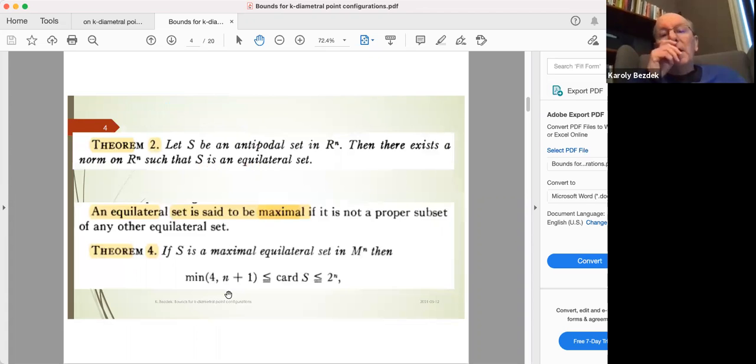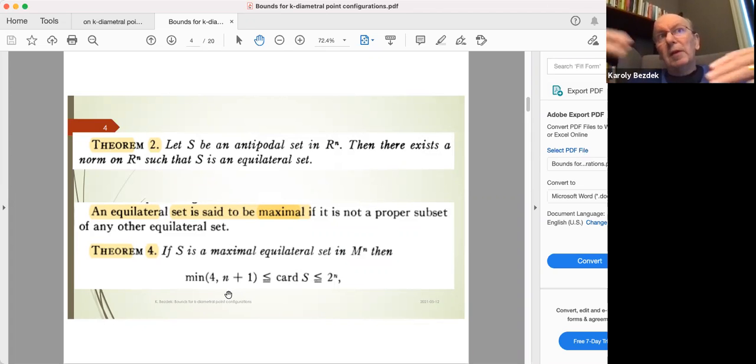And then in the same paper, he comes up with this second theorem, which says that if we now take an antipodal point set in R^n, in the real n-dimensional vector space, then there is a norm on R^n such that this antipodal point set becomes an equilateral set.